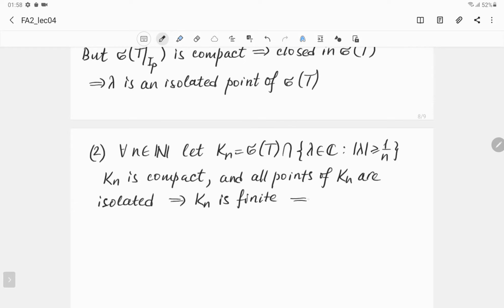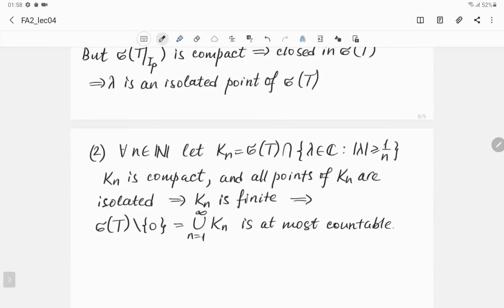And if we take the union of all these Kn's, the union of all of them is obviously the spectrum minus 0. So we conclude that it is at most countable, and this completes the proof.